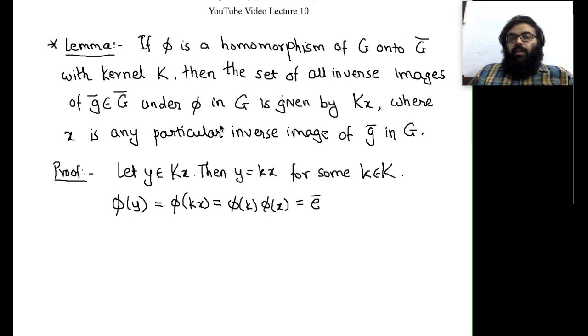X is one particular inverse image of G bar, so phi of x is G bar.